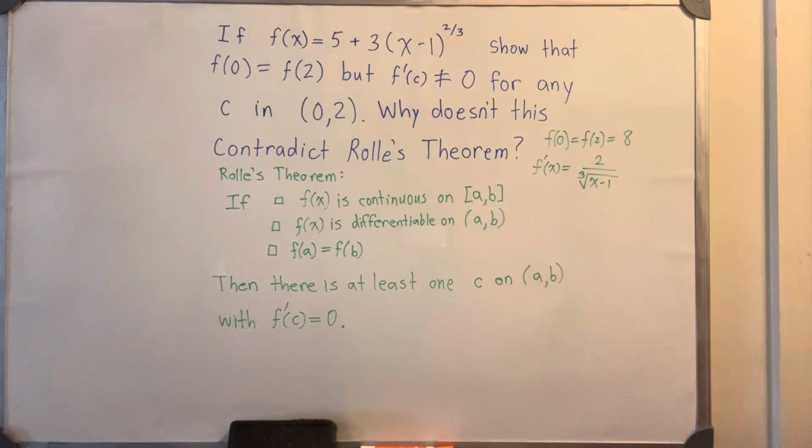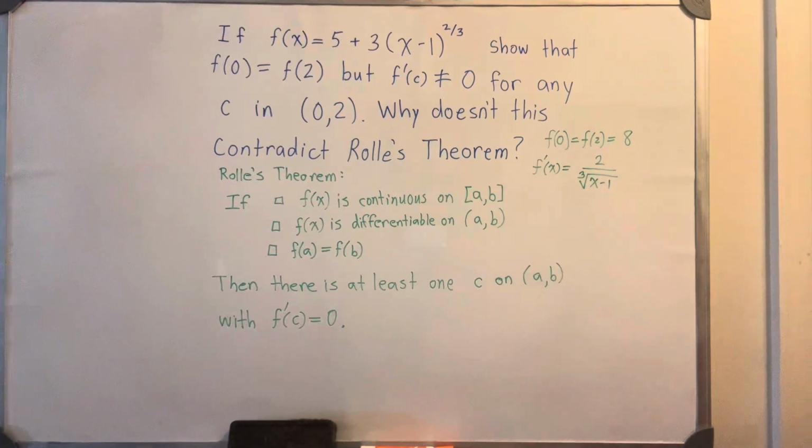Rolle's theorem states if these three things are all true: f of x is continuous on the closed interval [a, b], f of x is differentiable on the open interval (a, b), and f of a equals f of b, then there is at least one value c in the open interval (a, b) with f prime of c equal to 0. At least one, if all three of these criteria are met.